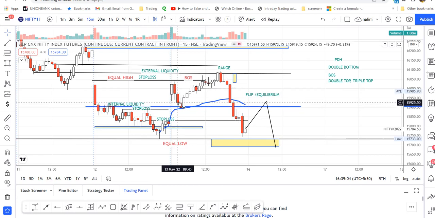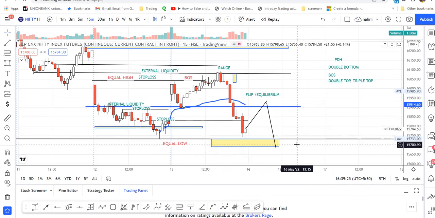They come back, trap all these people, and then push the level, and they mitigated it. They went past their break of structure, and they are at profit. Now they plummeted the price. This is how, on and on, liquidity hunts take place in the market.